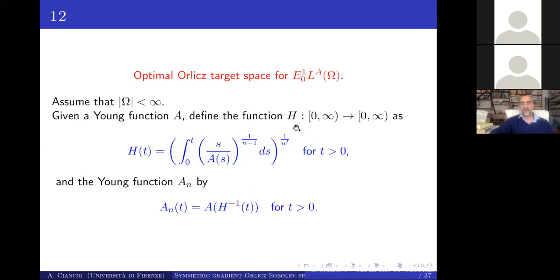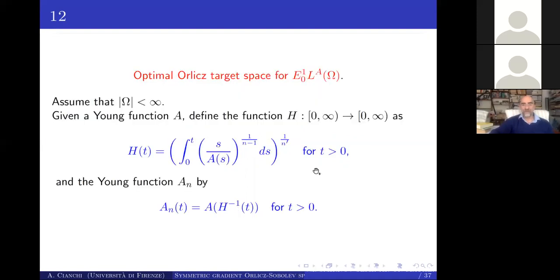First, we build up this function H, defined by this integral here, and then A sub n is given by the composition of A with the inverse of H. One can verify that this is still a Young function.